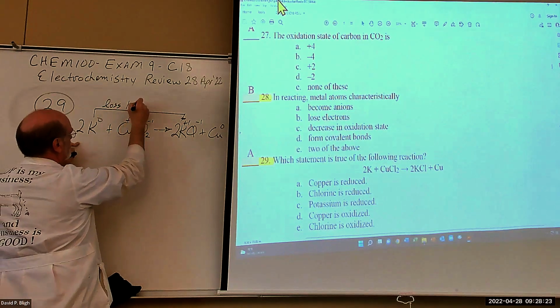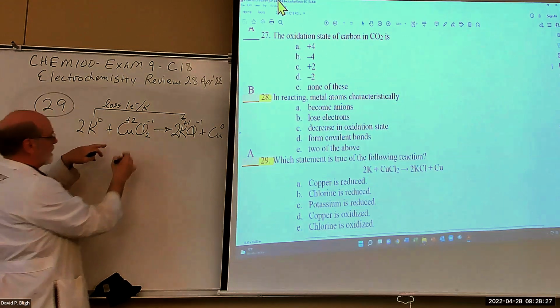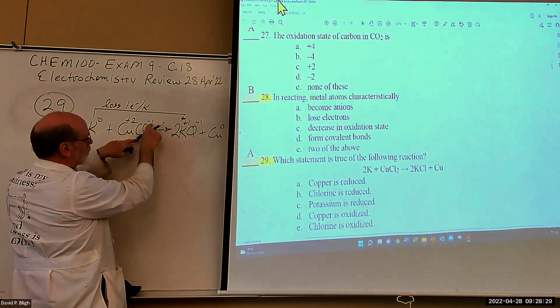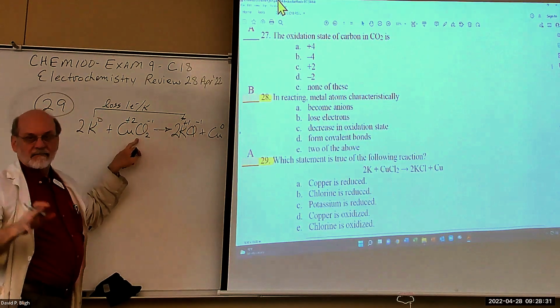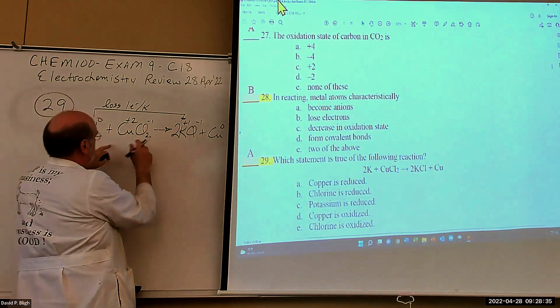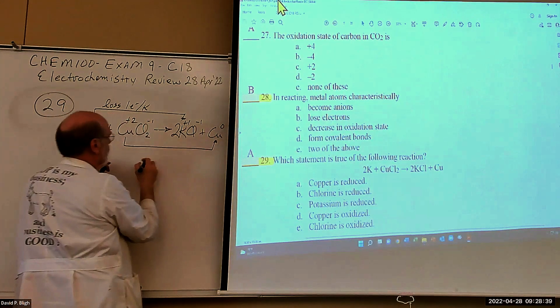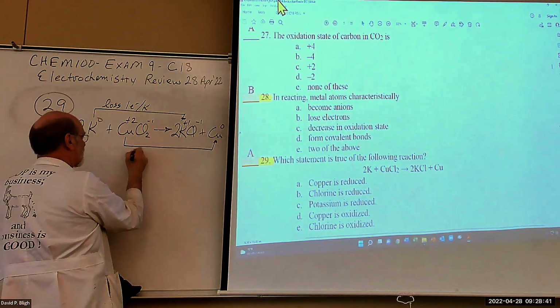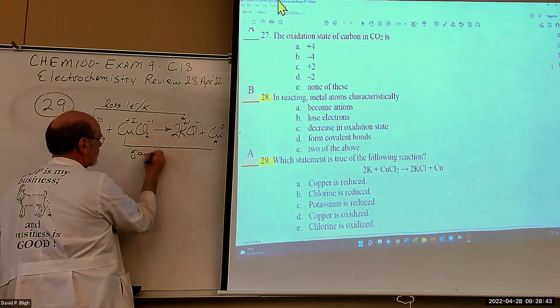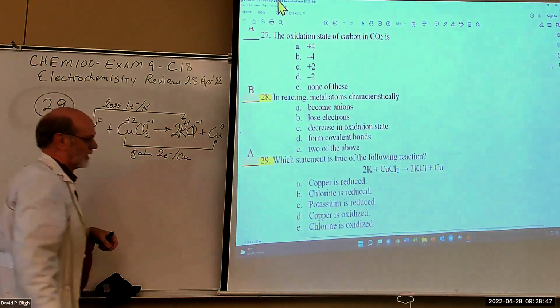It's lost 1 electron per potassium. Chlorine is going from a -1 to -1. It hasn't changed. Copper is going from +2 to 0. So copper has gained 2 electrons per copper.